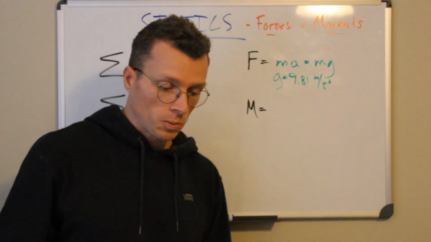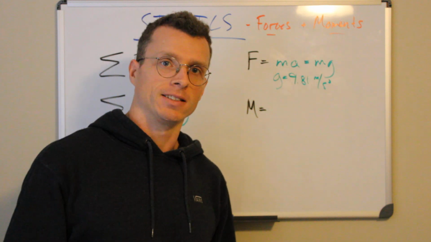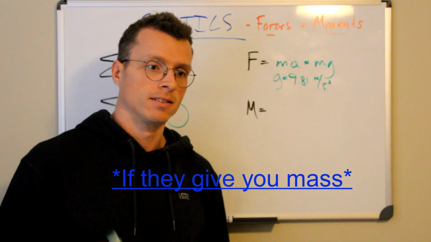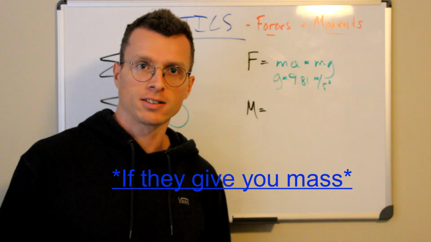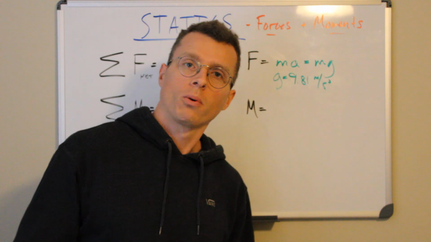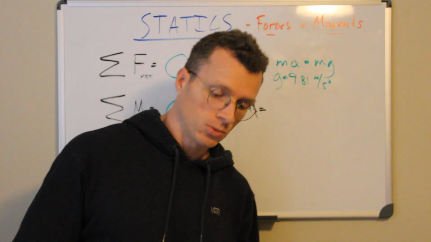So, super easy. All you have to do is find the problem, figure out what the mass is. They'll give you the mass. A lot of times, like I said, they'll give you the force, and then multiply it by the gravitational constant, and you've got the force. And the reason the forces are important is you've got to use the forces for the moments as well.